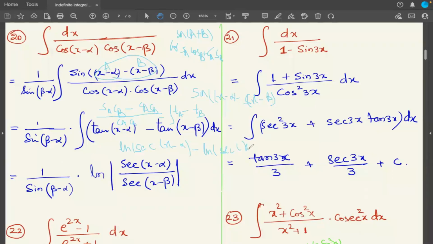Now using a basic property of log, log a minus log b is equal to log a by b, this will come. And this is our constant, because we created the sine form.